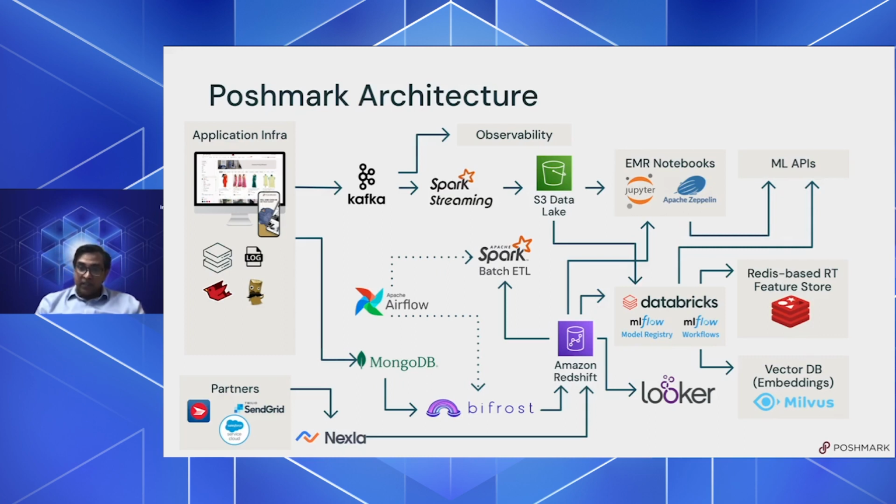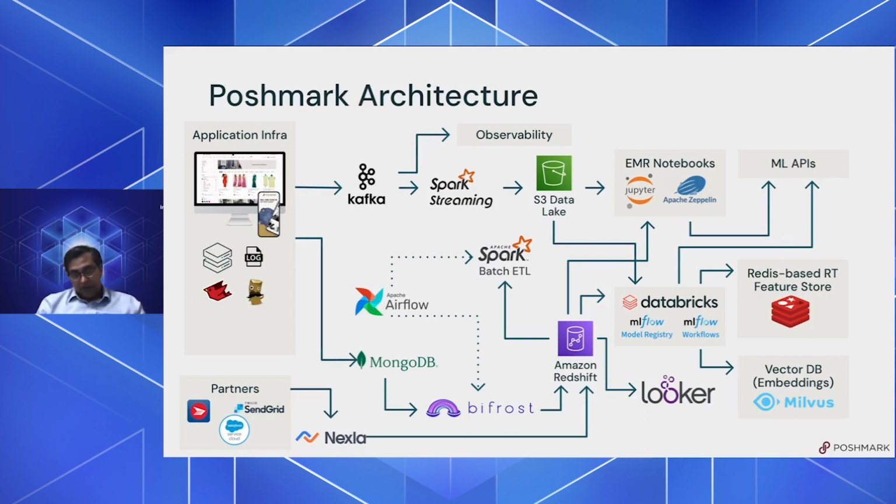On the machine learning and AI side, we use a vector database, which is supported by the open source implementation of Milvus. We also use Nextla to transport the data from our partners like USPS, Grid, and Salesforce and push it into our data ecosystem, Redshift.